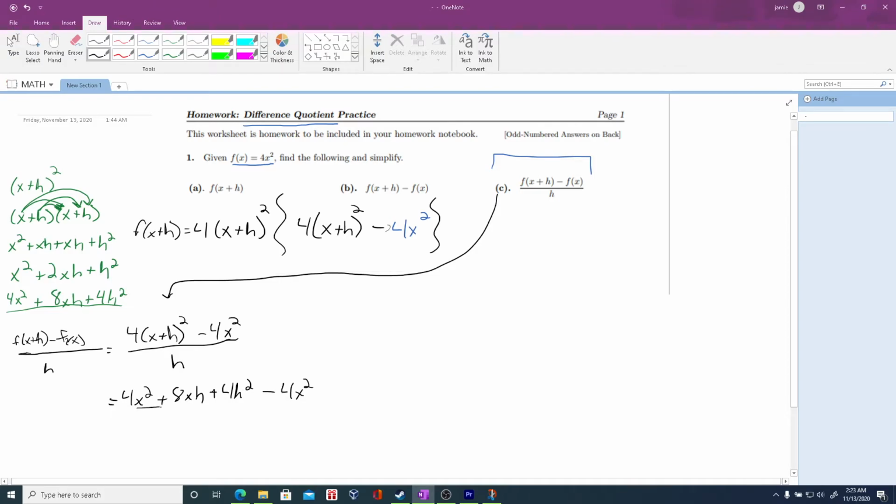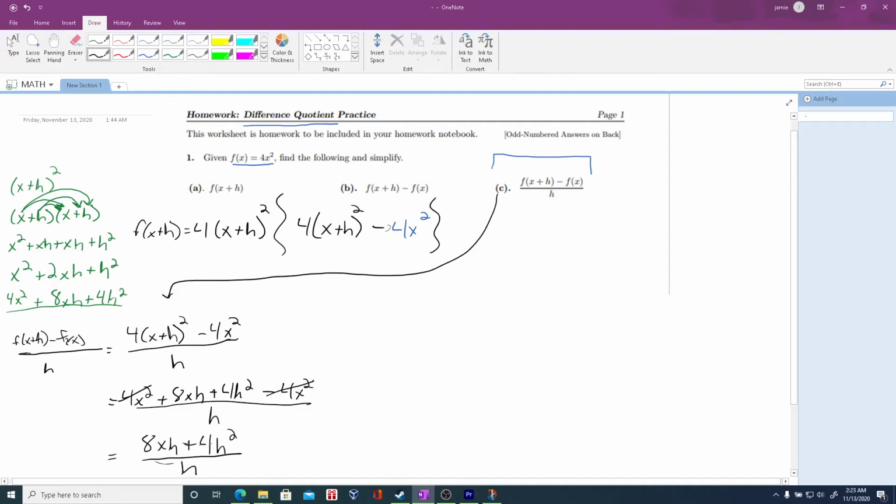We're going to put all of it over h, and you'll notice that you can cancel out these two terms right off the bat, this minus 4x squared and this positive 4x squared, and that will give you 8xh plus 4h squared over h.